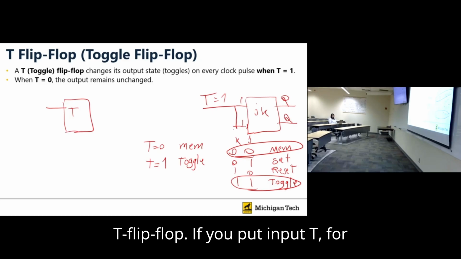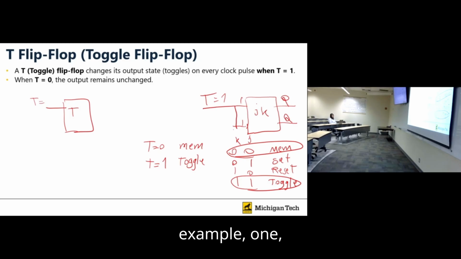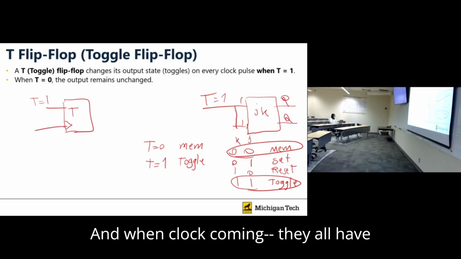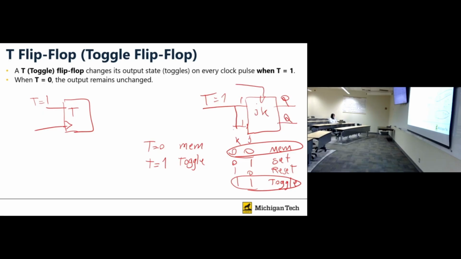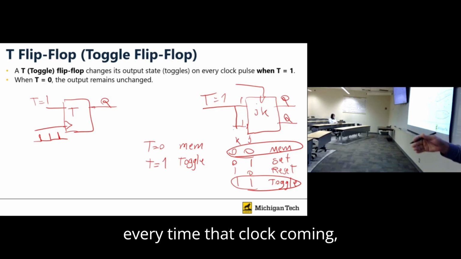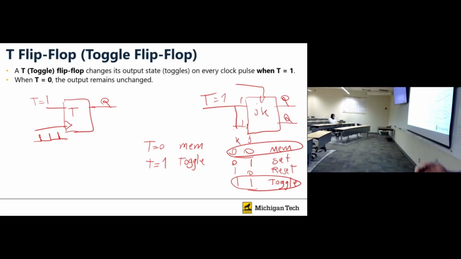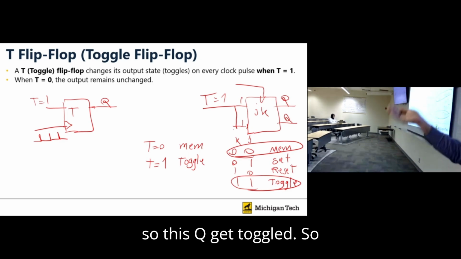If you put input T, for example, 1, and the clock comes, they all have a clock, remember? Every time that the clock comes, this Q gets toggled.